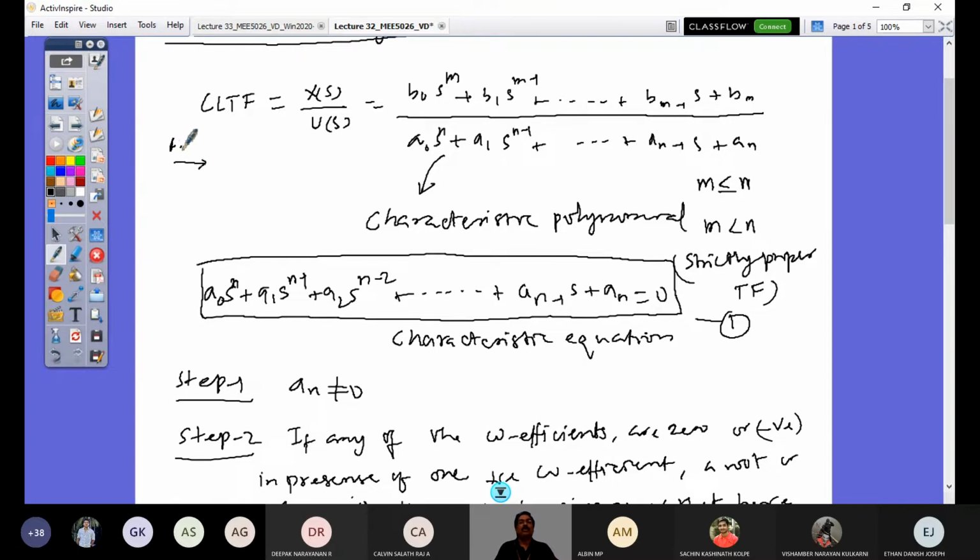So we have R of S, and there is a summing point with plus and minus, and then you had your feed forward transfer function, and that has given you an output C of S. You take a signal from the output, and then you had one function called H of S, which is the feedback transfer function.